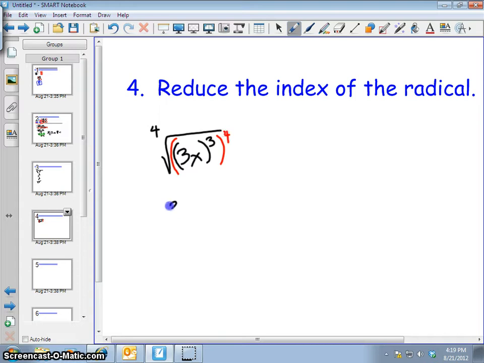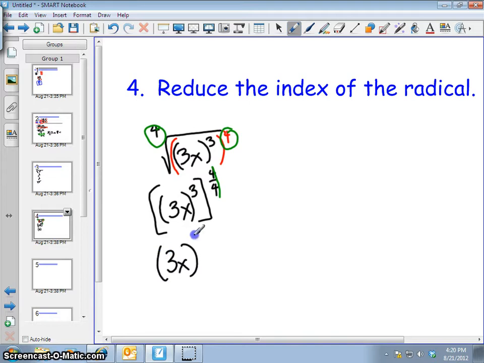So you're going to end up with 3x to the 3rd, and then all of that is to the 4/4 power. So what happens is when this index is the same as the power out here, they end up just canceling each other out. And the whole thing is 3x to the 3rd power.